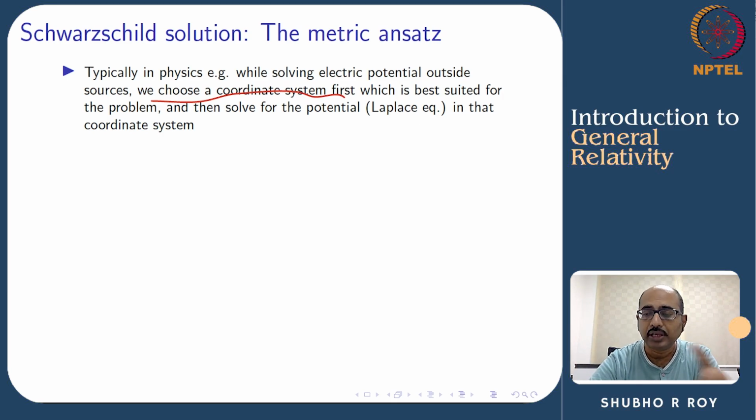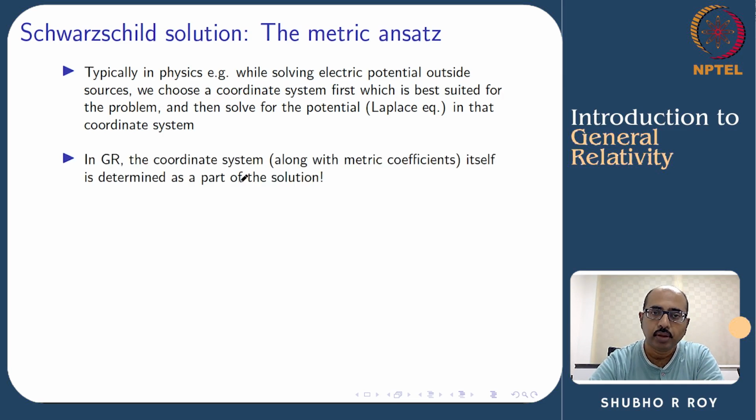Okay. General relativity is different from that, because in general relativity, the coordinates along with the metric coefficients in that coordinate system get determined as a part of the solution. So remember, when we are solving for the metric, we are determining the coordinate system along with the metric coefficients in that coordinate system. Okay, so we have to solve two problems at once.